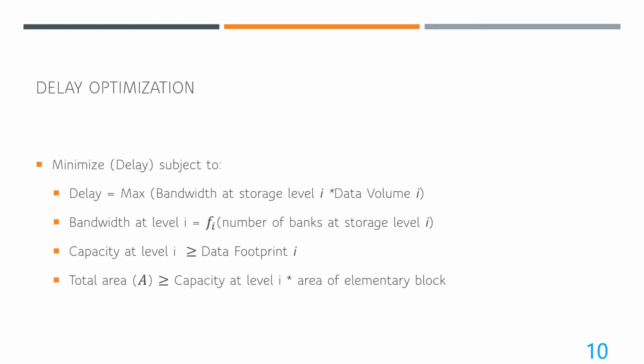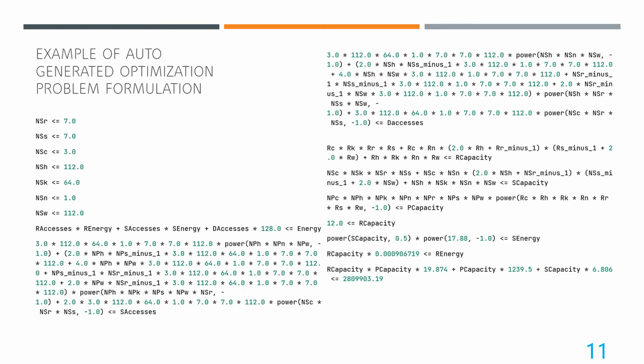The formulation for minimizing delay is similar to the earlier formulation, except instead of summation, we use the maximum delay across the storage hierarchy. The storage level causing the highest delay is the bottleneck level in the computation.